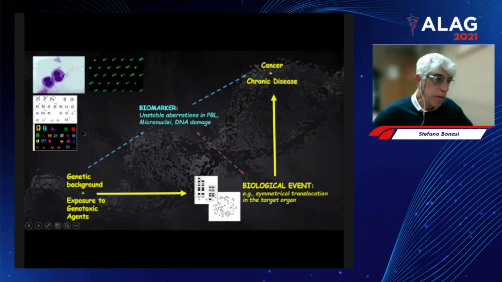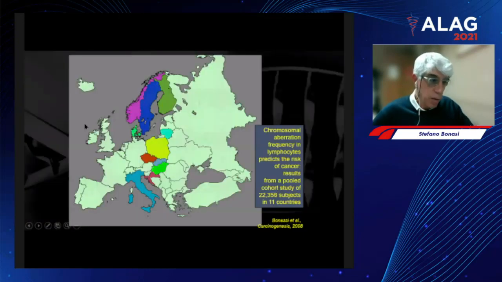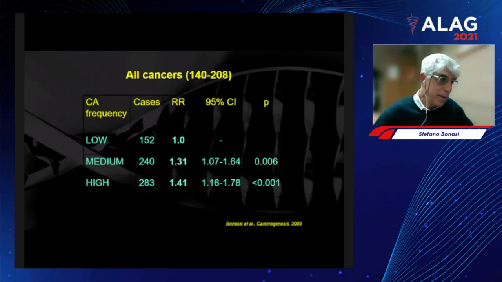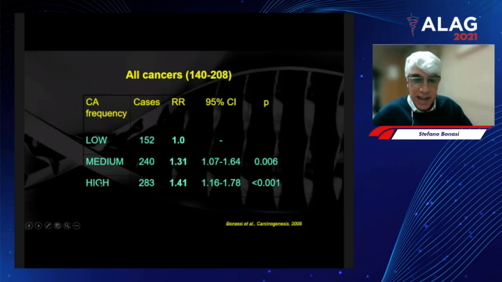And this has been done with other biomarkers. One of the first was chromosomal aberrations, with a number of European studies that revealed an increase of cancer: there was more or less a 40% higher risk of cancer in subjects in the highest tertile of chromosomal aberrations versus those in the lowest tertile when they were young and healthy.